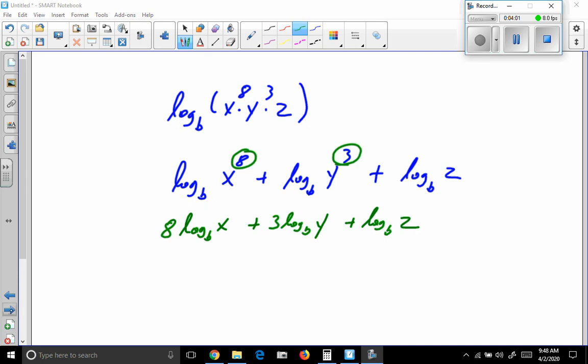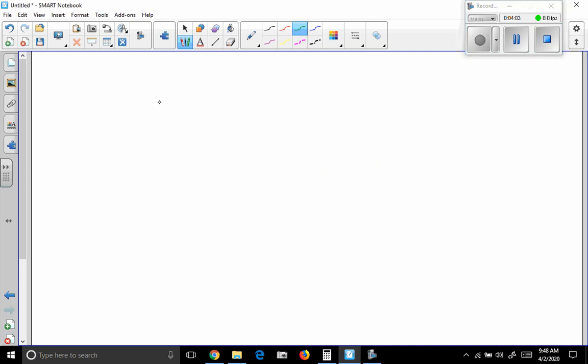So let's do one that involves a quotient. Let's suppose we have log base b of p to the 3rd, m to the 2nd, n to the 5th, over x to the 3rd, y to the 7th. So let's express this as sums and or differences of logarithms. So we have factors on top, factors on the bottom, so we can take the log of each factor.